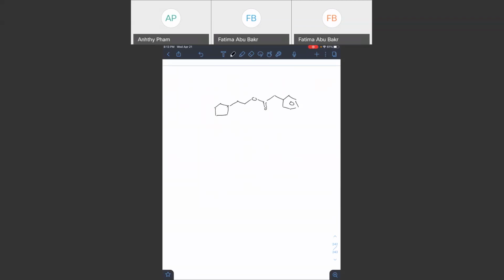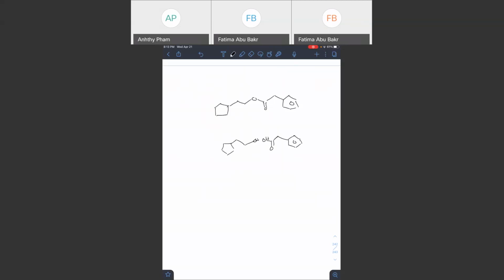So what it has to be is that it necessarily has to have the acid on this side, and it'll be like this. And then on the other side, it's just an O, or an OH, more specifically, that is attached to the pentane. So that's how to figure that one out.